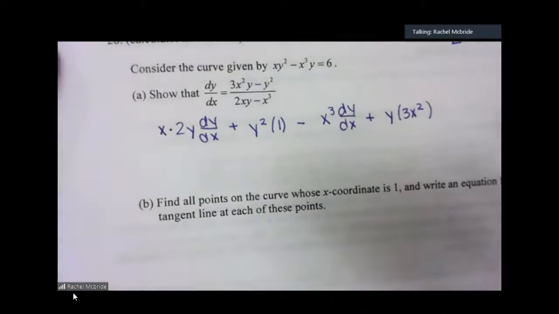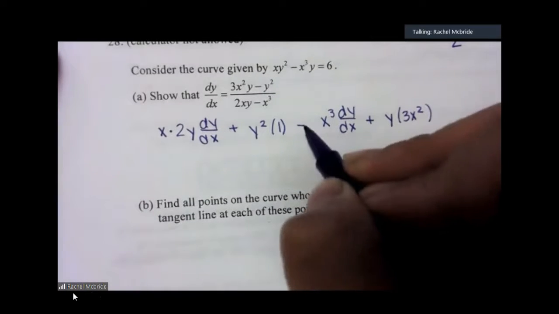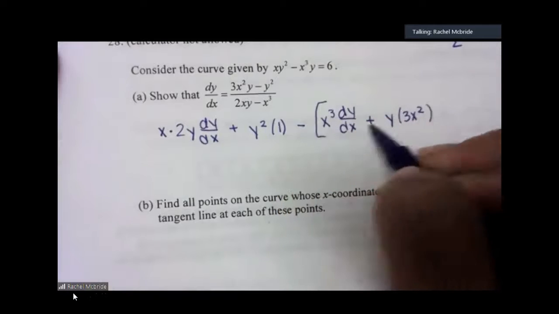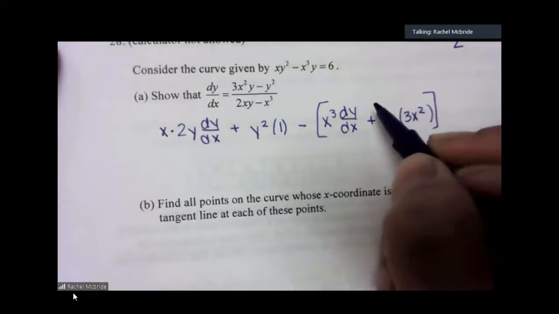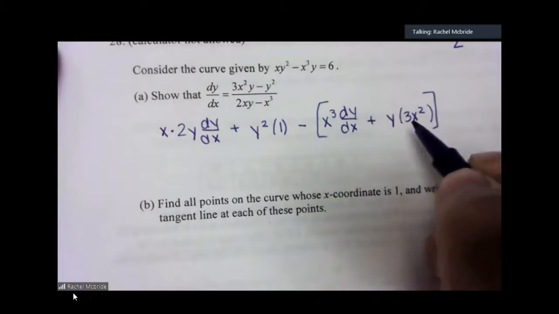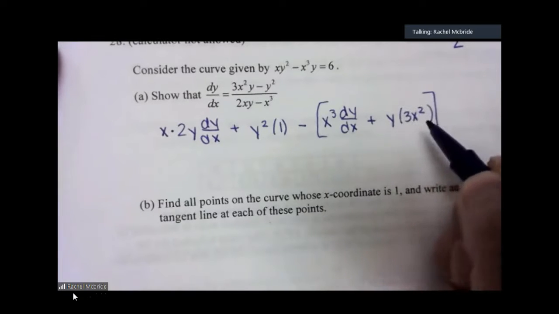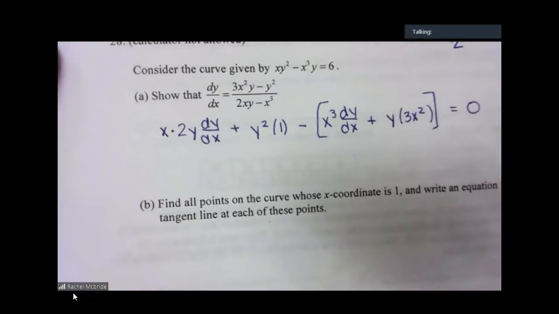Now be careful. That negative, you can either keep it outside all of this and distribute it back, or you can tag it onto the x cubed, but then that means this needs to be negative in here. Equals 0.